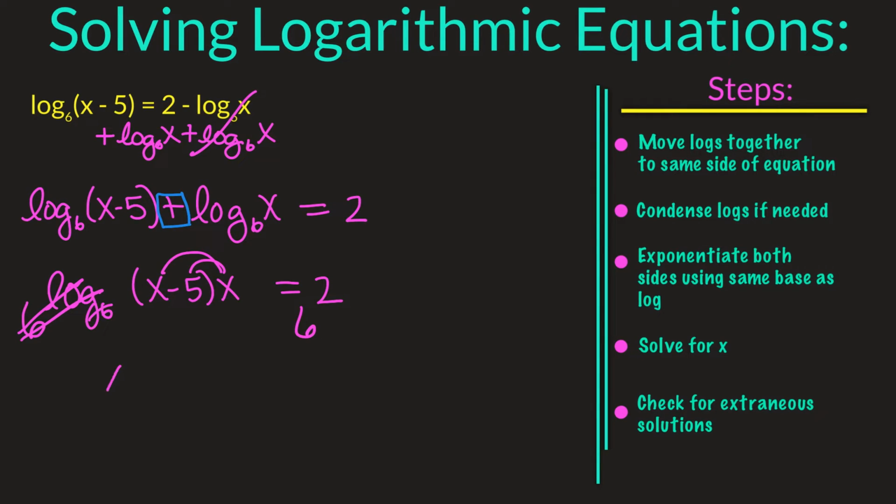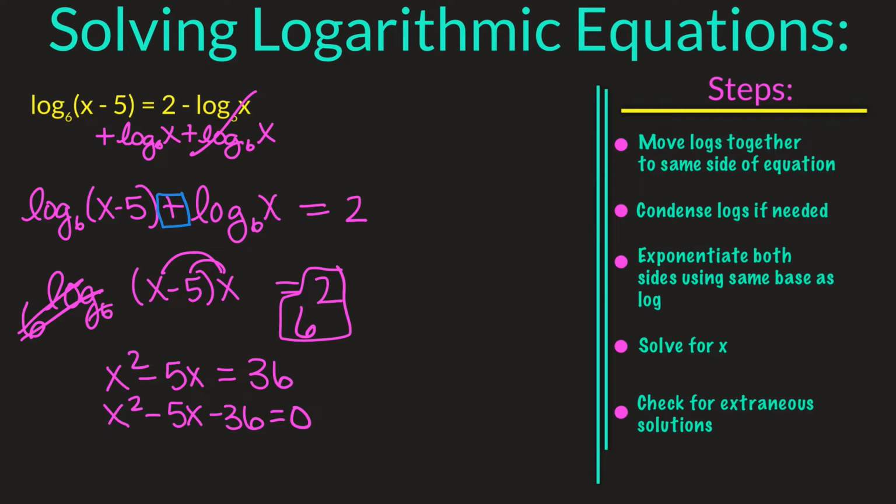So that's going to be x squared minus 5x equals, then we're going to do 6 to the second power. Well, that's going to equal 36. Then we need to move everything to the same side, so we're going to subtract that 36 over. x squared minus 5x minus 36 equals 0.